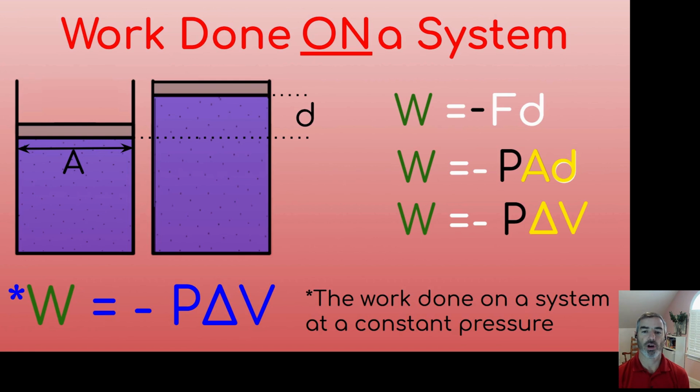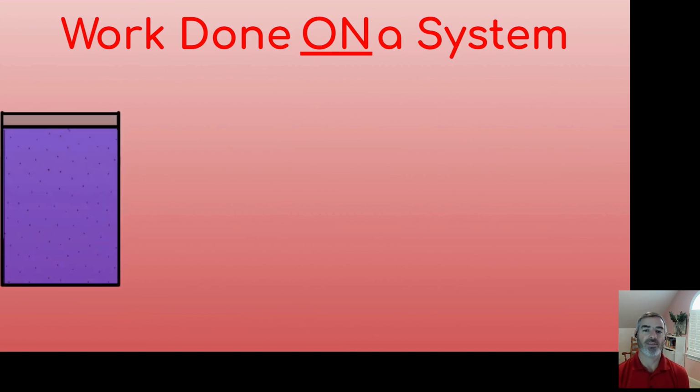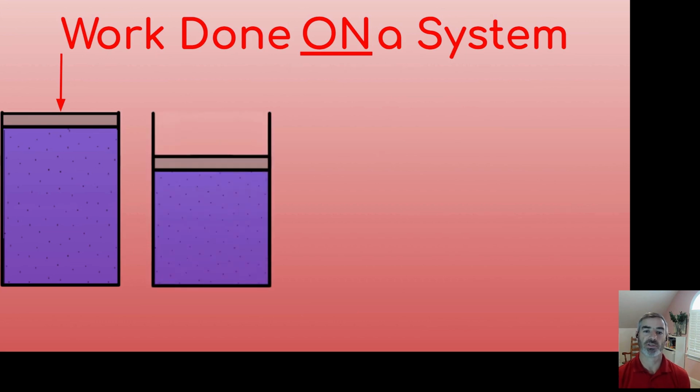And that's how much work is done on the gas. Now note that the pressure is constant as the work is done on the system. Now, if we have work done on the system, in this case, the net force is greater from the environment, that's going to cause the piston to contract and make the volume smaller.